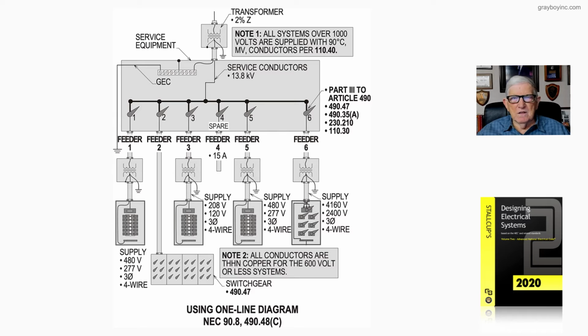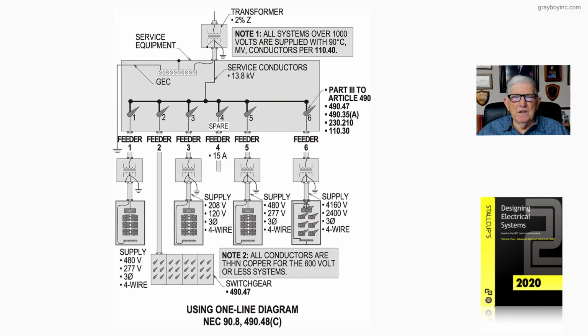If you look at overcurrent protection device number 2, it's going down with 13,800 volts, or 13.8 kV, to the switchgear. 490.47 will give you some information about that.